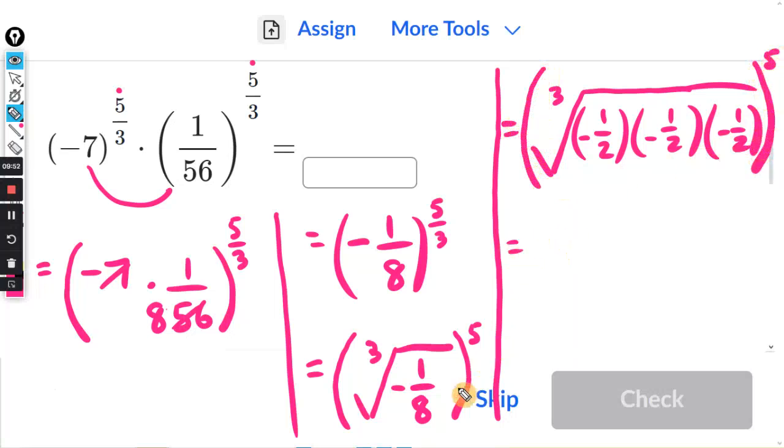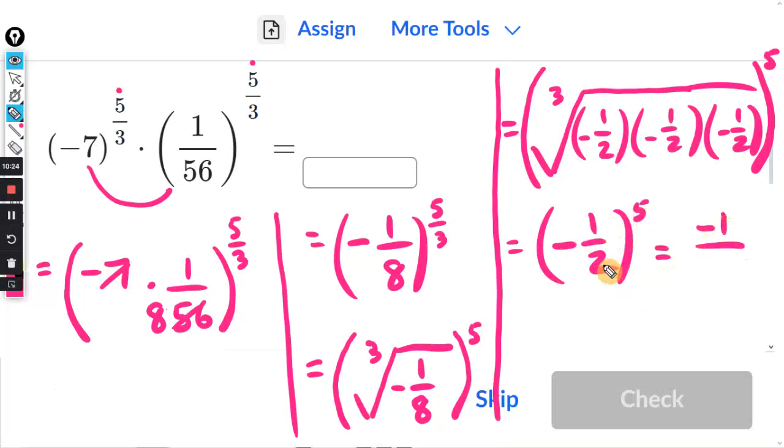So -1/8 is the same as -1/2 multiplied 3 times. And since it's the third root and it's multiplied 3 times, the third root of that is just negative 1/2. And that is to the power of 5. In the numerator, if you multiply negative 1 5 times, that's negative 1.